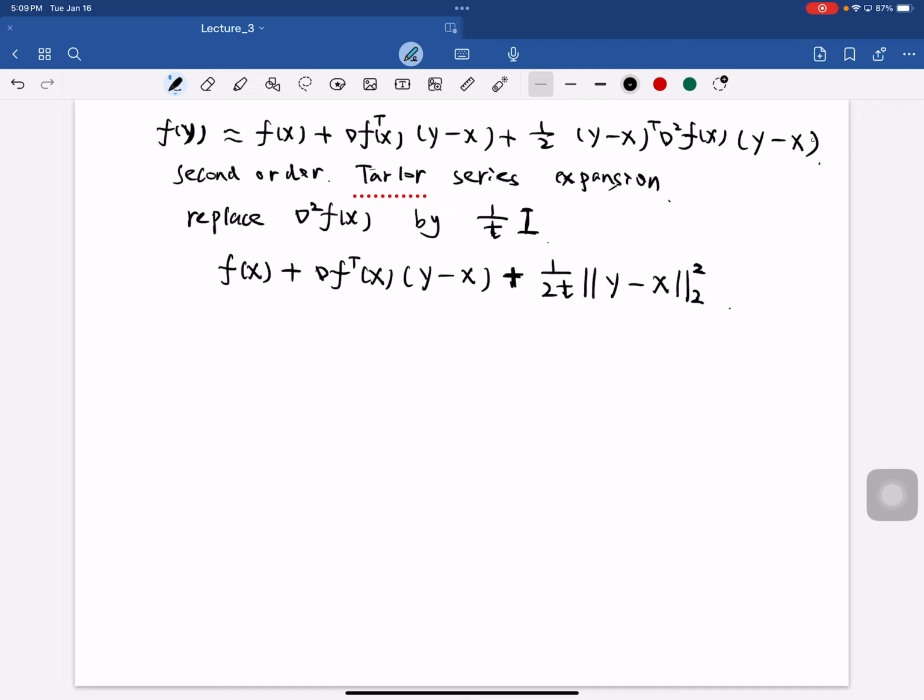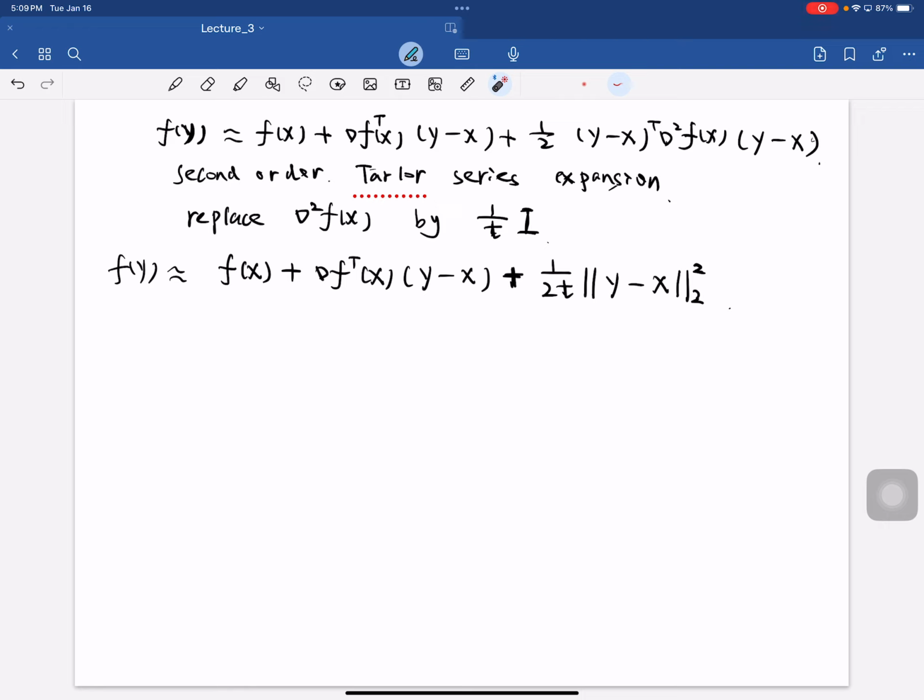Yeah, so with this, we came up with this approximation of the function f(y), right? So now the idea is that instead of minimizing f(y) directly, because that's hard, right? We are just going to optimize this approximation of f(y). Okay?